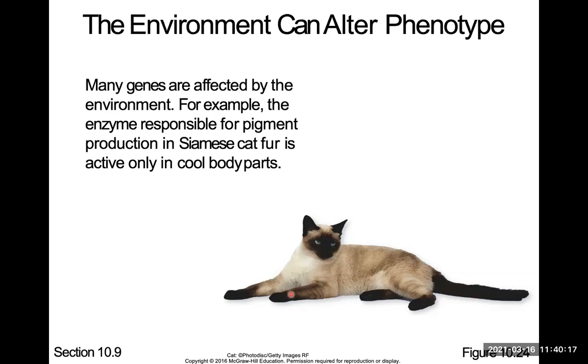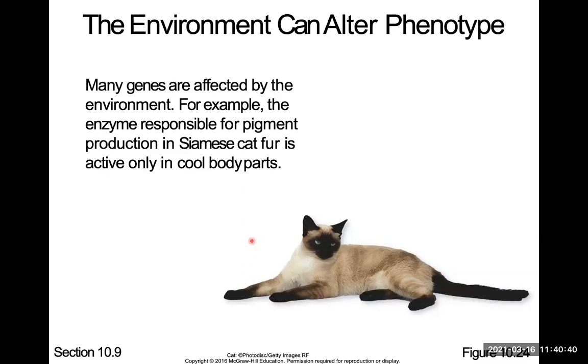So the feet of this cat are cold, the tail is cold, there is air touching the face, maybe that's cold, and the ears are cold. Wherever there is a cool body part, it's going to have dark color fur, in this case black fur. So environment is affecting the fur color. If it's warmer here, maybe it will have a different color of fur.